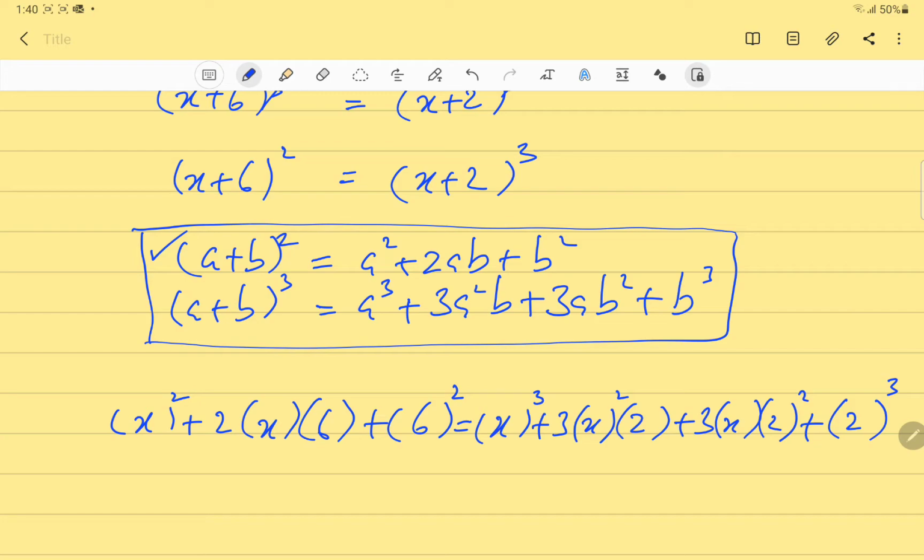So let's simplify. Here we have x squared plus 12x plus 36 is equal to x cubed plus 6x squared plus 12x plus 8.